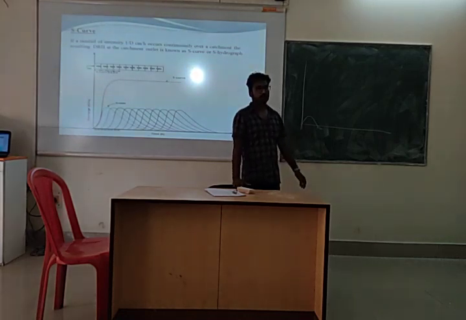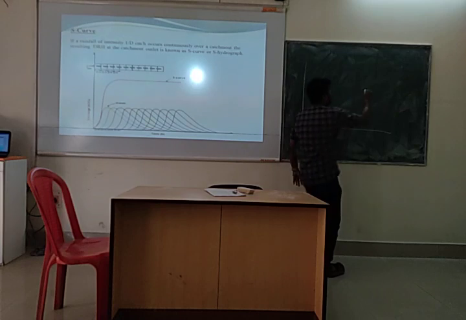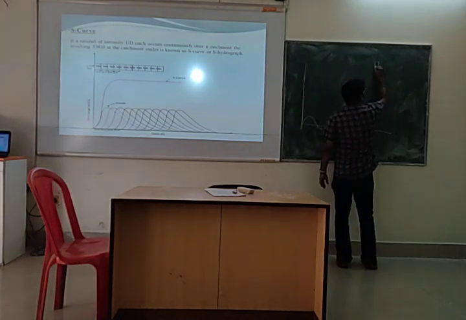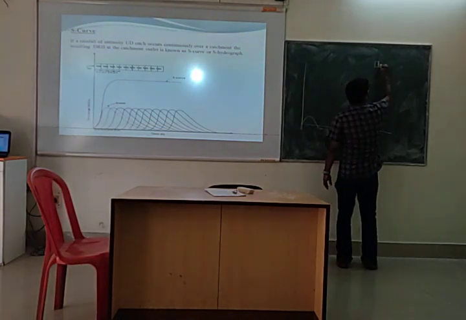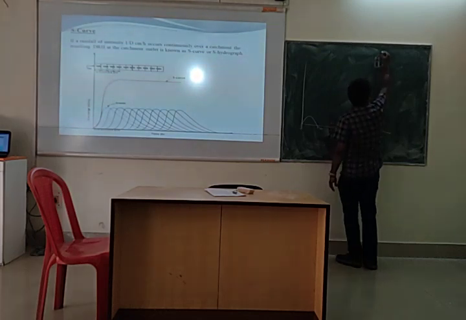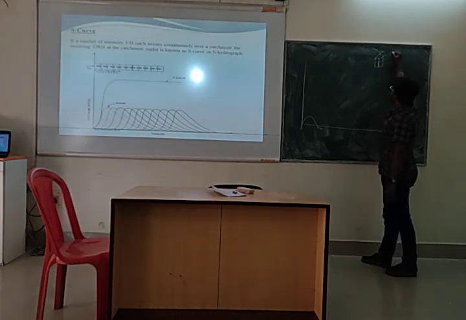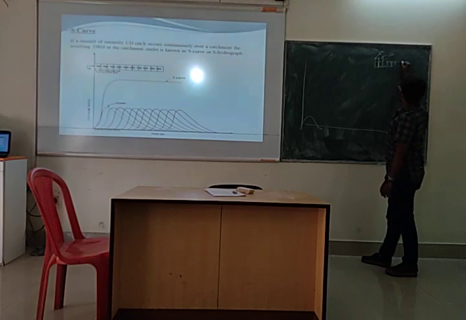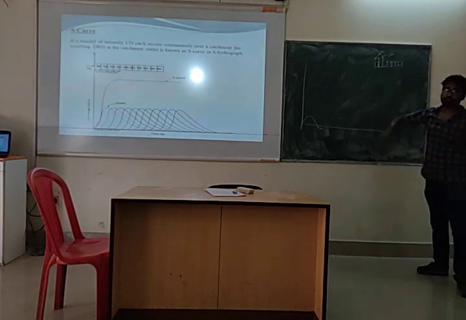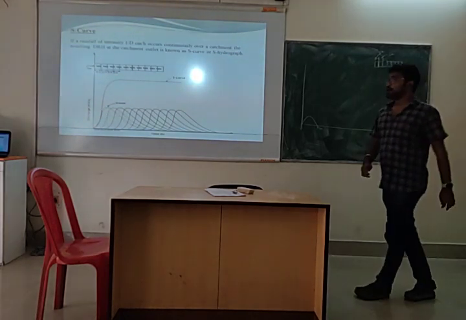Now, suppose we are having a 2 hour unit hydrograph, then again a 2 hour unit hydrograph. So this D is 2 hours, this D is again 2 hours, and continuously we are having the same precipitation. Then what will happen?